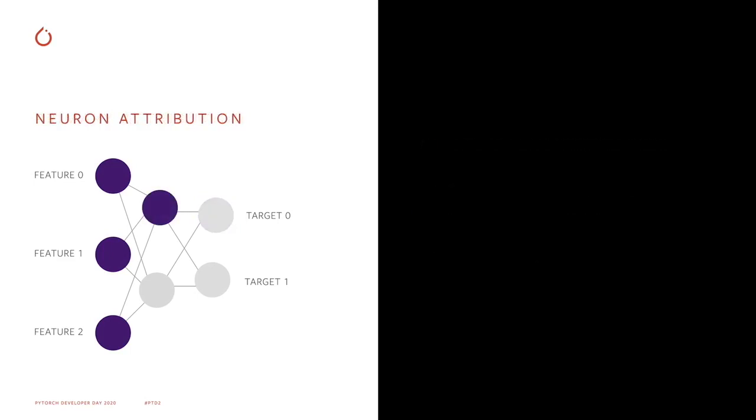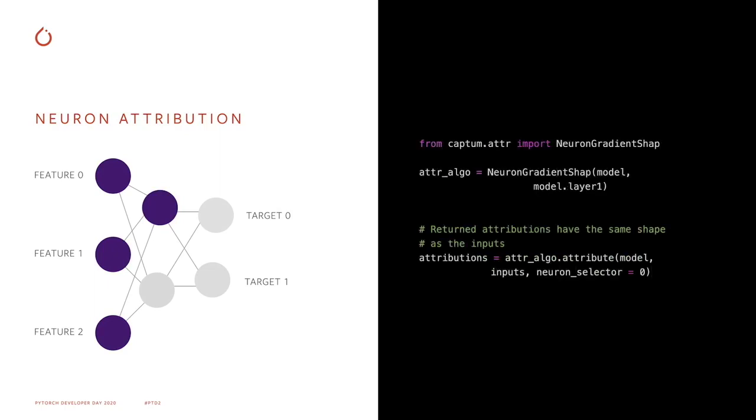The same philosophy is valid also for neuron attribution. In this case, we select an internal neuron and attribute to input features. On the right side, we can see that we chose the neuron gradient SHAP algorithm, and we call attribute on the algorithm by passing our model, inputs, and also the neuron index.